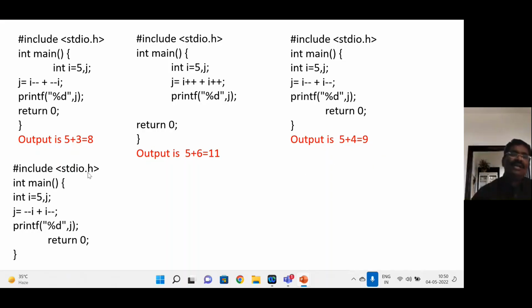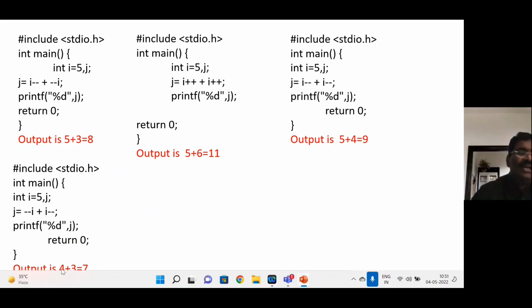So next: #include <stdio.h>, int main, int i is equal to 5, j. j is equal to --i + i--. One is the pre-decrement, another one is the post-decrement. So the pre-decrement means we decrement first, so 5 becomes 4 and then 3, that is equal to 3.